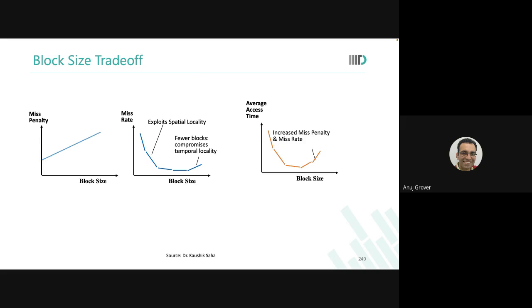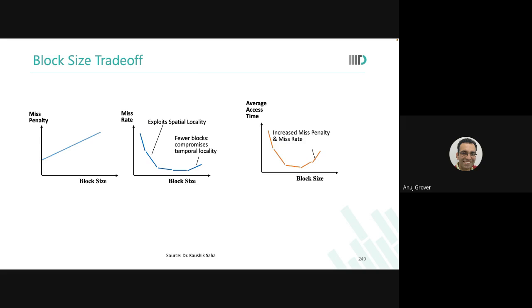This is exactly the same discussion that we just had. It is saying that the first fall of miss rate from the highest miss rate to the lower one is because it is exploiting spatial locality.